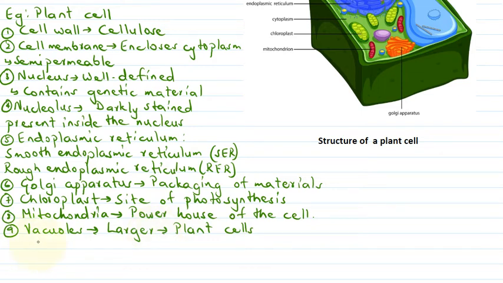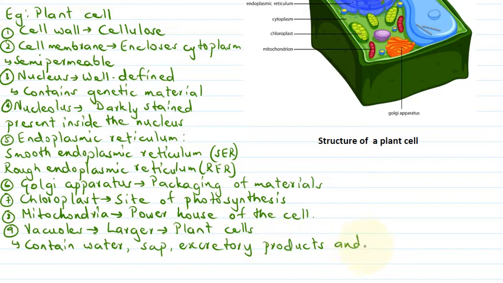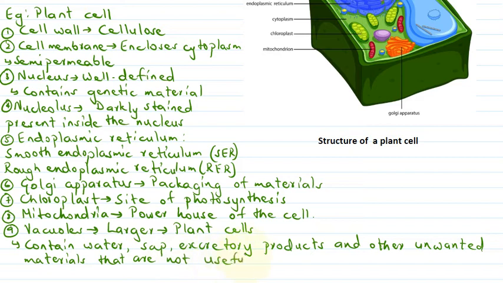So these vacuoles contain water, sap, excretory products, and other unwanted materials that are not useful for the cell. Such materials are present in vacuoles.